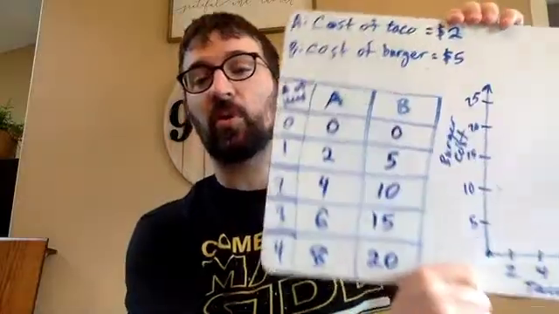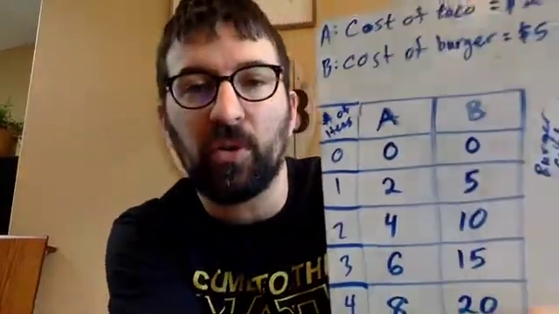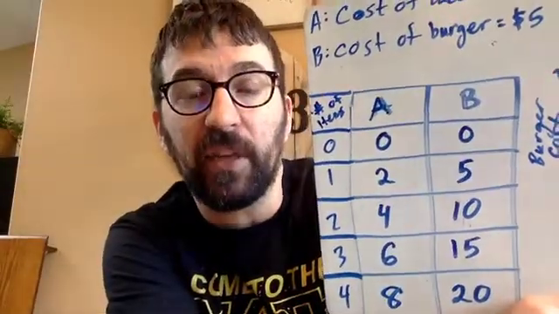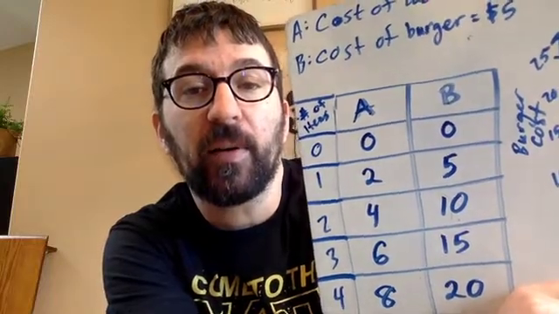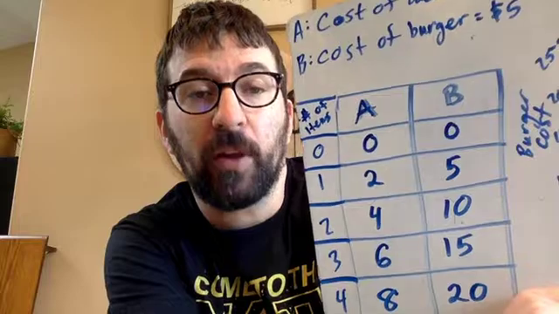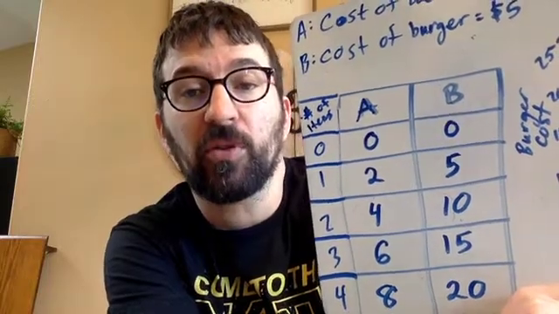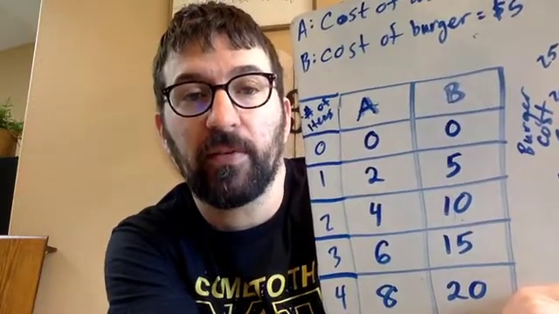So when one item is sold, of either of these, we can see what it is. When one taco is sold, we make $2. When one burger is sold, we make $5.